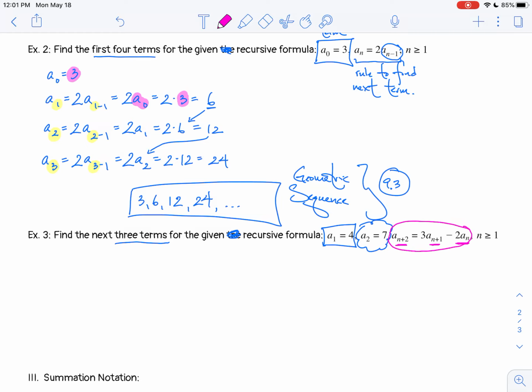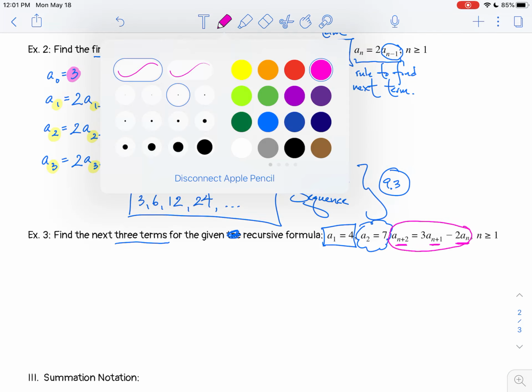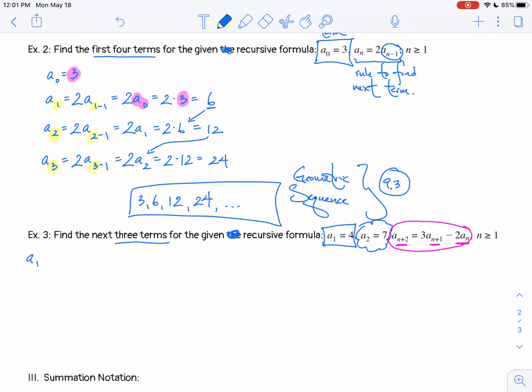Let's write out our a sub 1, a sub 2, and then use that formula in the pink to find our a sub 3. We've got a sub 1 equals 4. That's my first term. A sub 2 is 7. That's my second term. To find a sub 3, I'm going to do 3 times a sub 2, because 2 is 1 less than 3, minus 2 a sub 1.